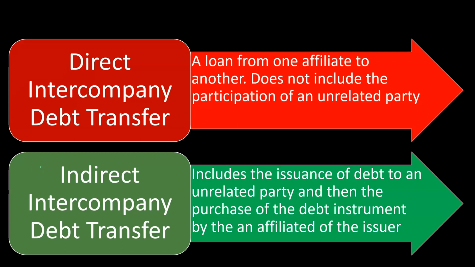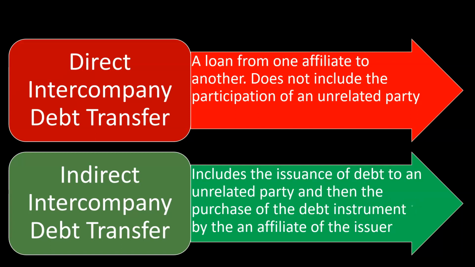If we have an indirect intercompany debt transfer, then that includes the issuance of debt to an unrelated party, and then the purchase of the debt instrument by an affiliate of the issuer. So in this situation, we have someone else involved, and again, we typically will think about the bonds that are going to be involved here.